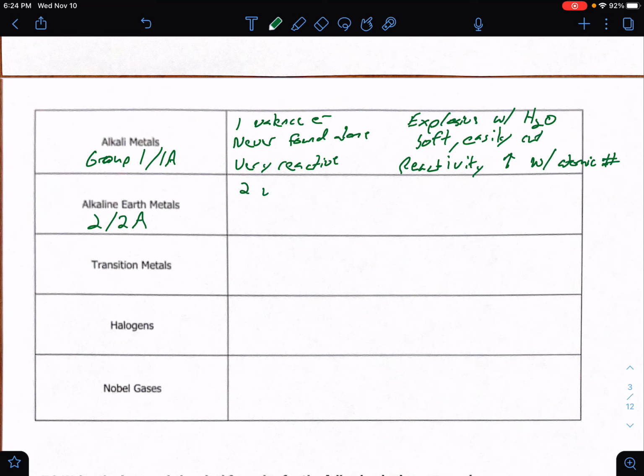Those have 2 valence electrons. Those are also never found alone. These are going to be a little bit more shiny and harder, so not as easily cut. And they're a little bit less reactive than group 1. They're still reactive, but not as reactive as group 1.